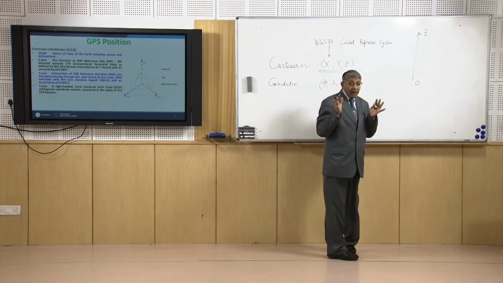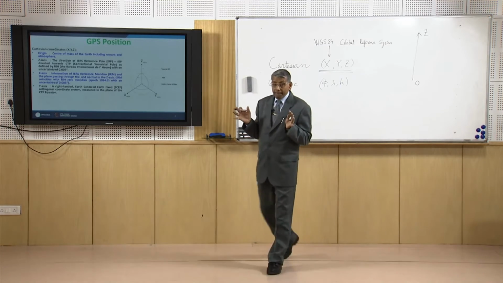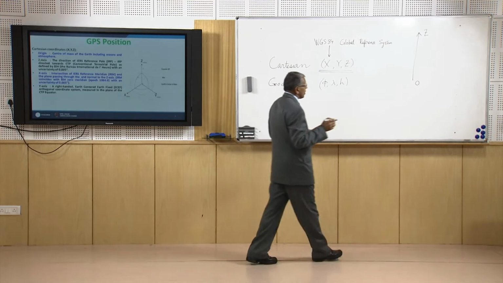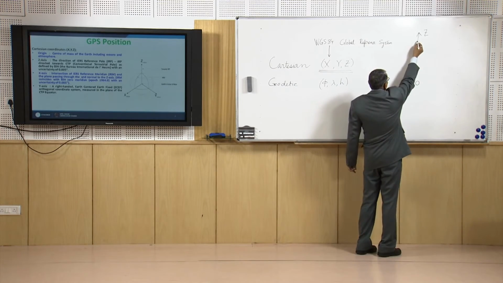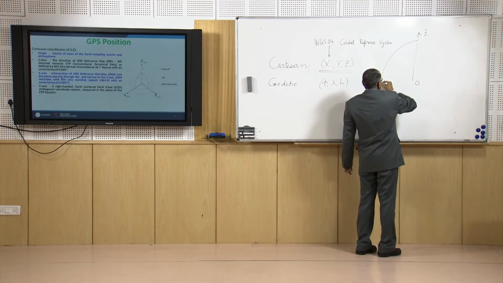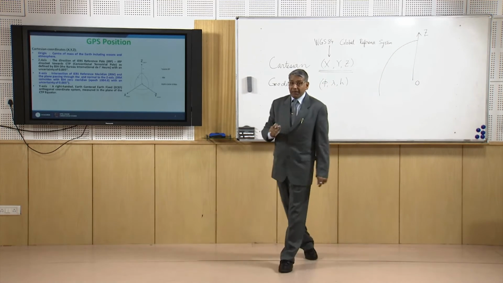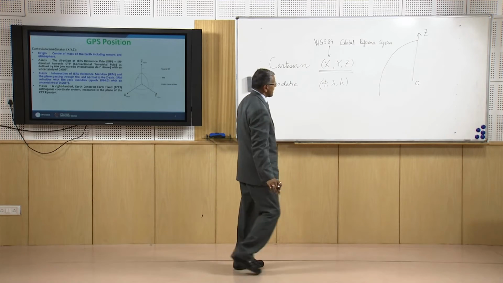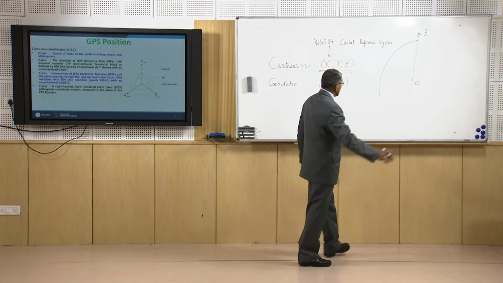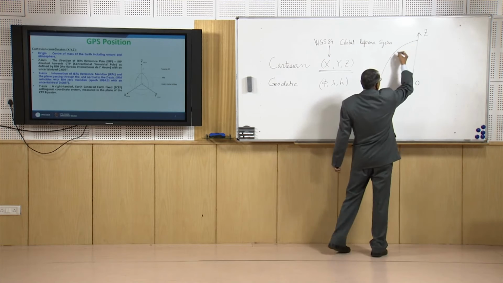Now if we imagine an infinite plane passing through the primary meridian, which is the meridian passing through Greenwich, we will find a line like this.